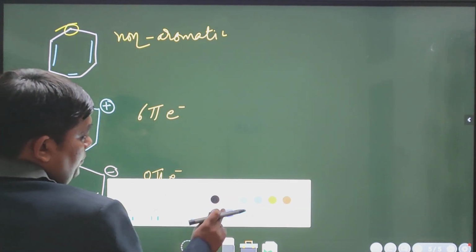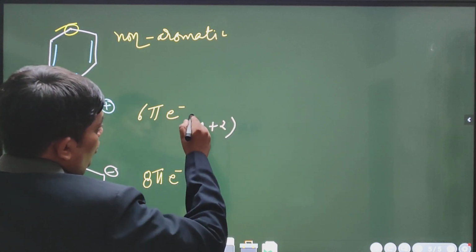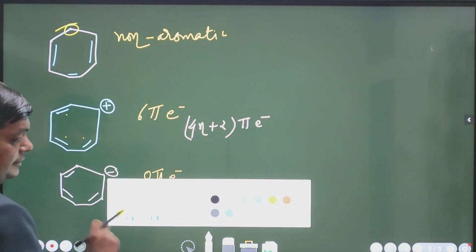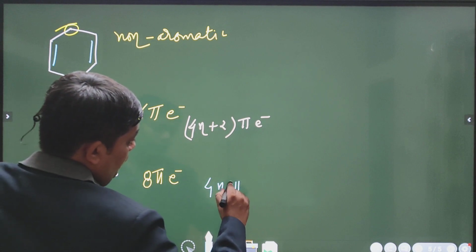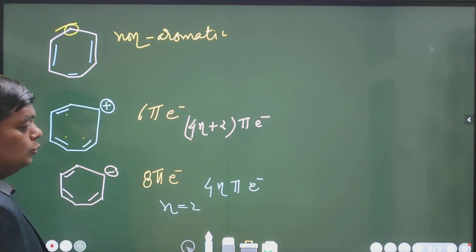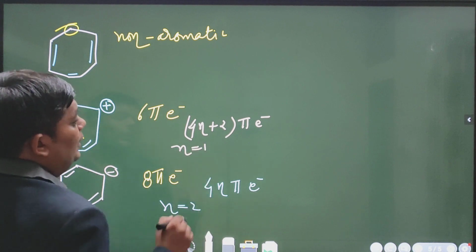Whenever I say a 6 pi electron system, it will always follow the rule 4n plus 2 pi electrons. And whenever I say an 8 pi electron system, it will always follow the rule 4n pi electrons. Over here I will take n equal to 2, and over here we are supposed to take n equal to 1.